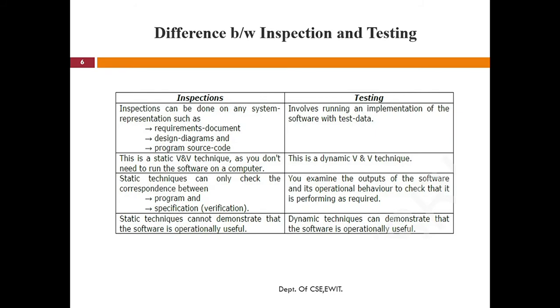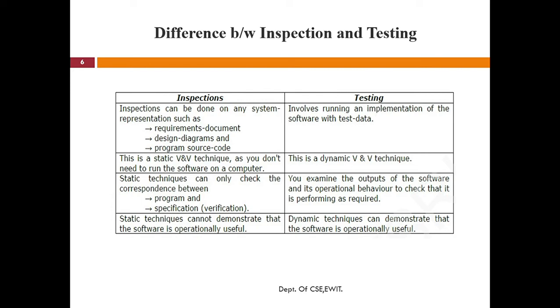Next, I will explain the major differences between inspections and testing. Inspections can be done on any system representation, such as requirements documents, design diagrams, as well as the program source code, whereas testing involves running an implementation of the software with test data.